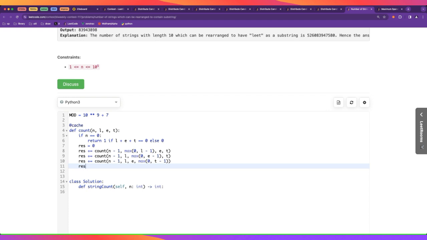And then we have the other case where we add another letter. So the counts of L, E, and T don't change, but we have 23, so there are 26 characters in total, but we have considered L, E, and T, so the remaining are 23.